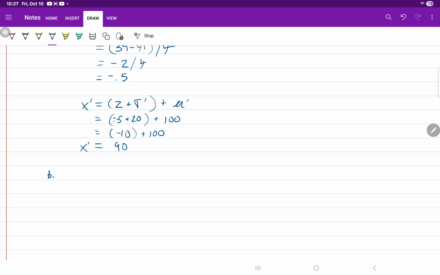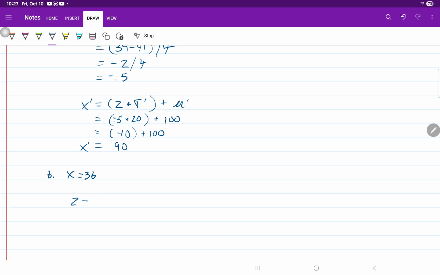For B, we have a raw score of 36. We'll use the same formula: x prime equals our z-score of... oh no, we have to figure out the z-score. That's too bad.